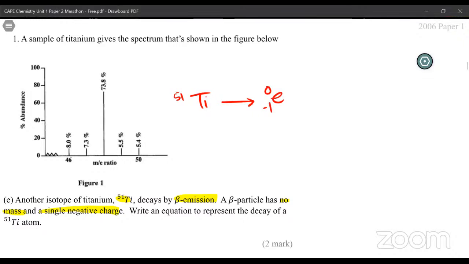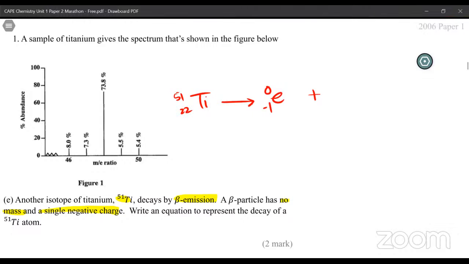Now, let me show you how you can most definitely know if your answer is correct. All right, now look here. We have 51 over here as the mass, and we know that this is supposed to be 22 for the atomic number, right?